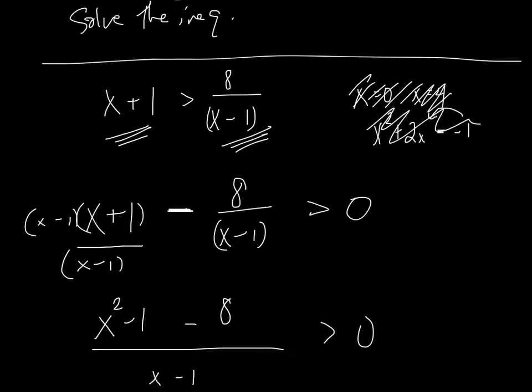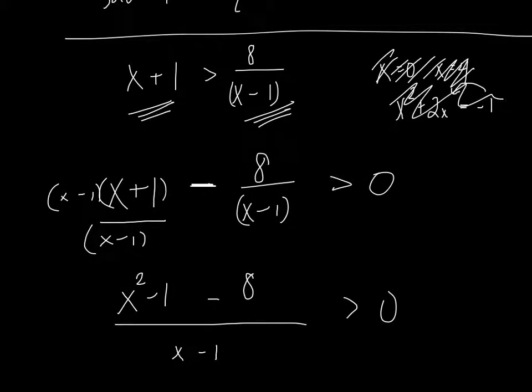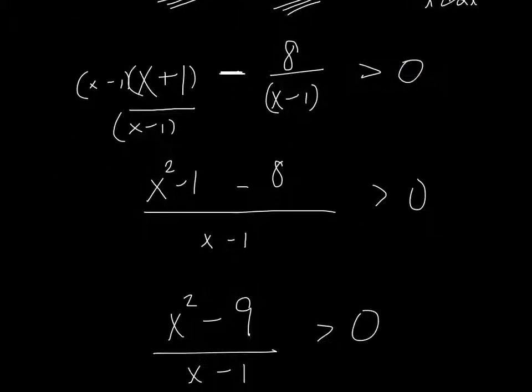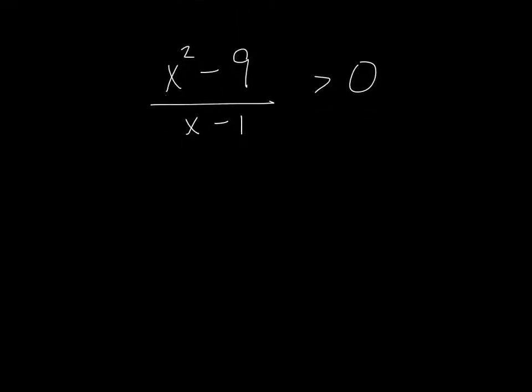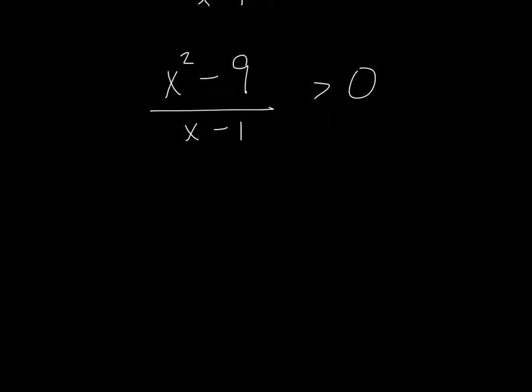If you follow my prescription, the first thing you're going to do is put a 0 on one side. Then you might do some algebra, but whatever you do, you're going to get down to a fraction. Simplify whatever you have into a fraction.